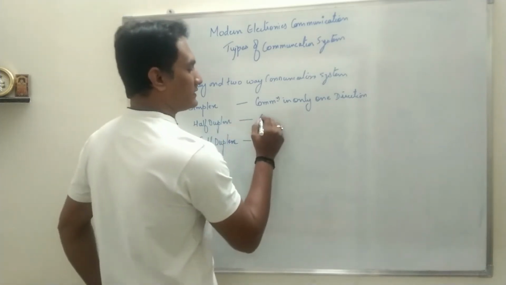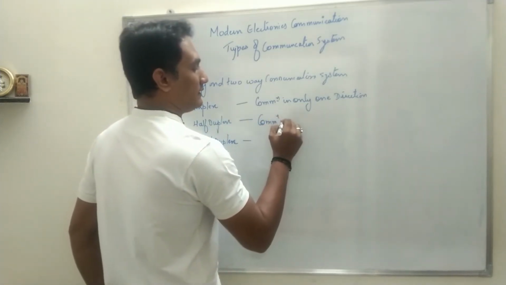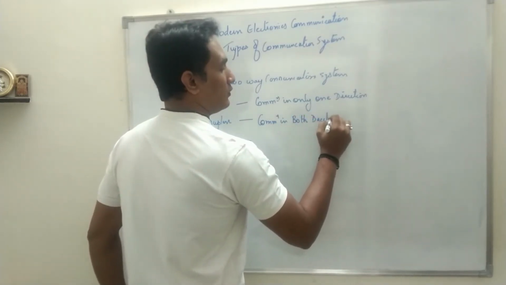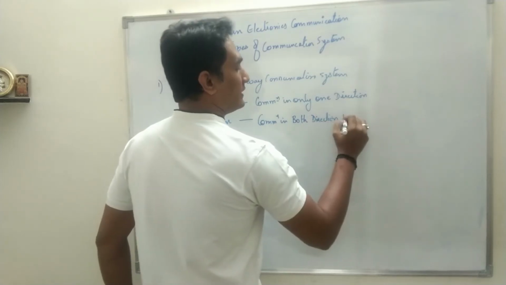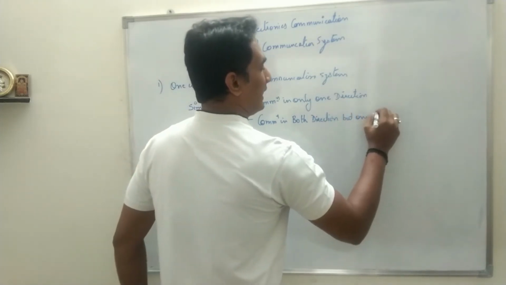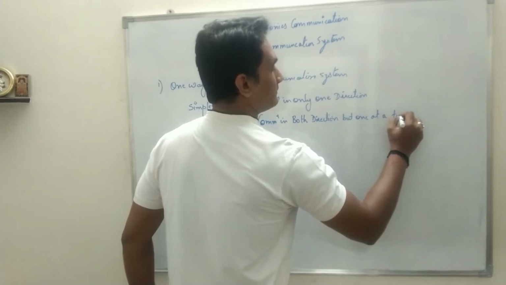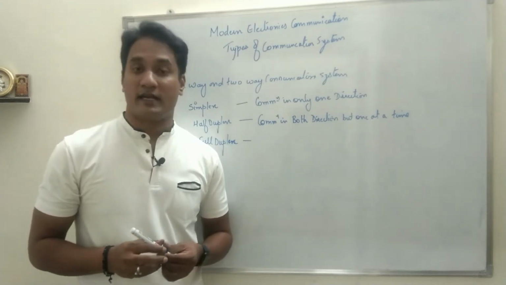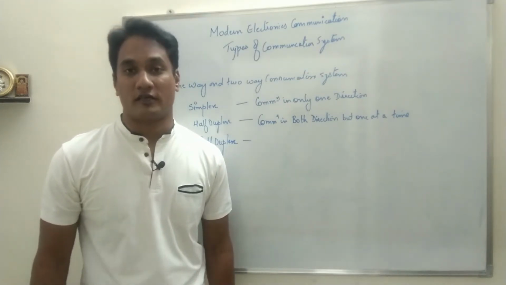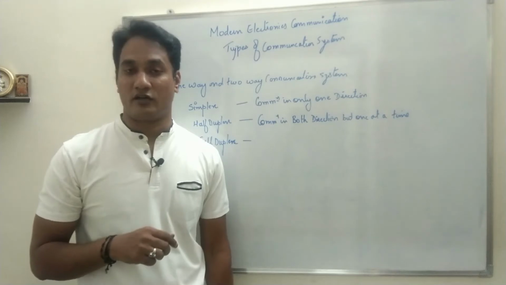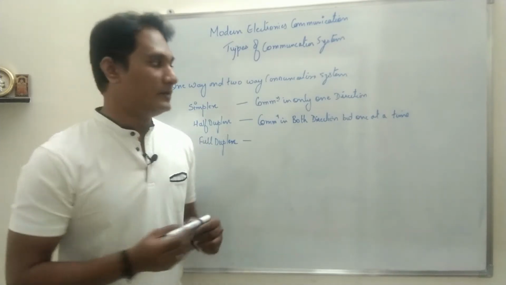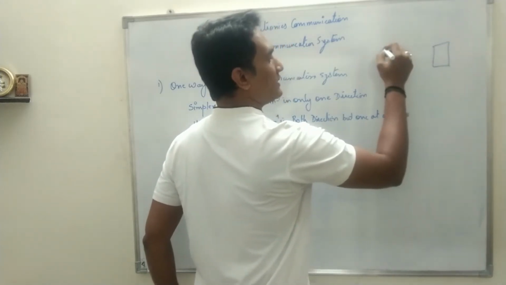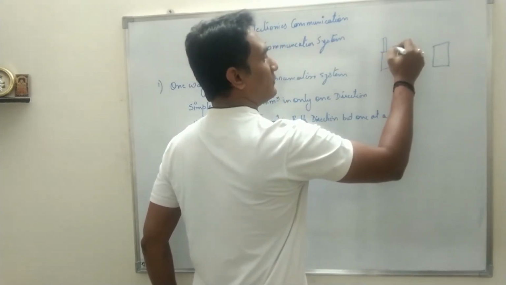Next is half duplex. Communication in both directions, but one at a time. Of course, the example of this is the walkie-talkie. The police will have walkie-talkies. There will be a device like this, two devices, with one antenna and one manual button.